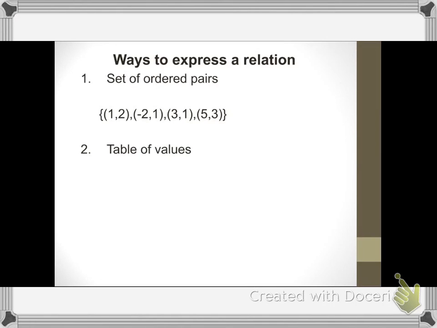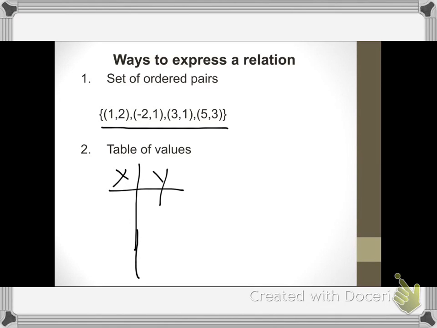There's also some different ways to express a relation. The first way is the way we've seen it already, the set of ordered pairs. So here's our set of ordered pairs right here. The second way to express a relation is using a table of values. You've probably seen this before, but it can be vertical, where you have your x values on the left, your y values on the right.